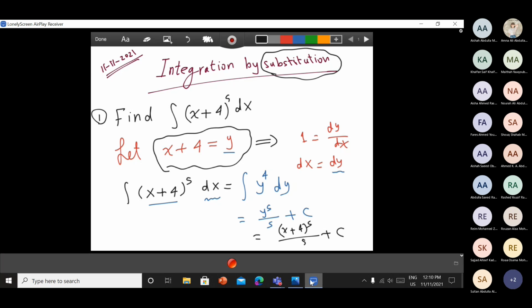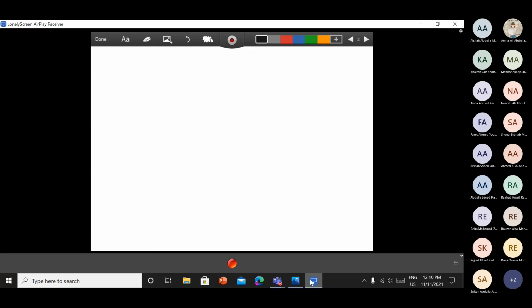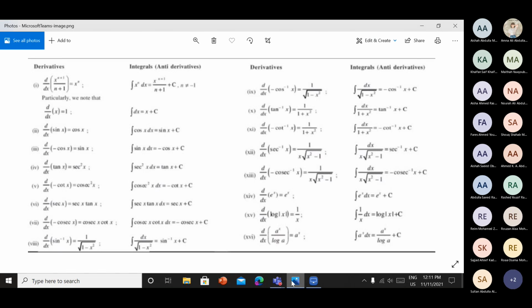Okay. Let's go for another one. If you have a question, find the integration of 1 over 1 minus 2x dx. Do we have 1 over 1 minus 2x dx in our table here?